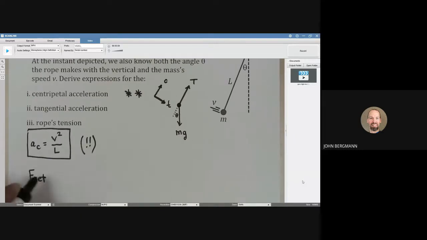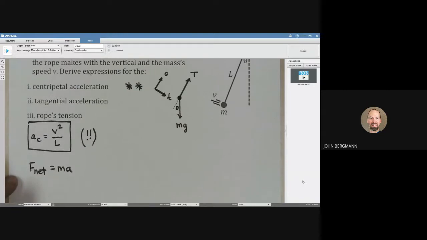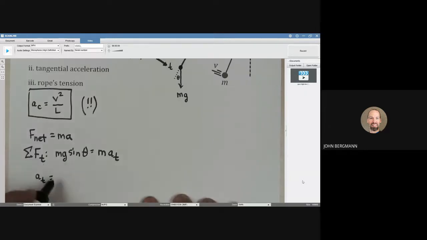We write Newton's second law: F net is equal to ma, in the tangential direction, mg sine theta. That's the only one. And that's equal to the mass of the object times the tangential acceleration. The m's cancel. So the tangential acceleration is going to be g sine theta.